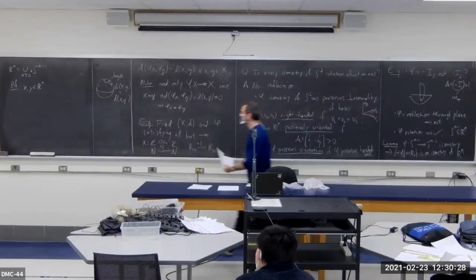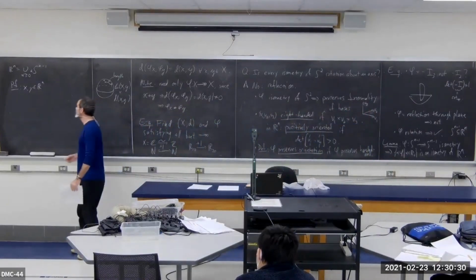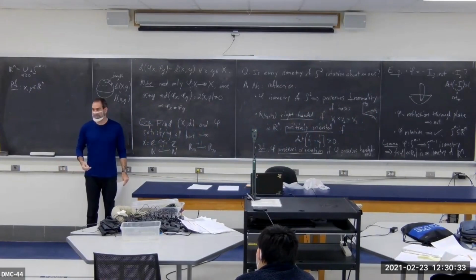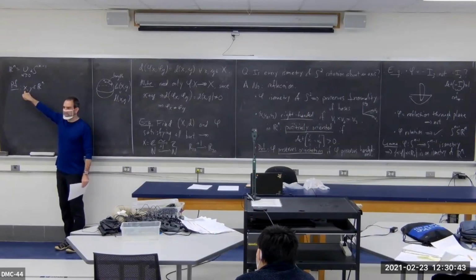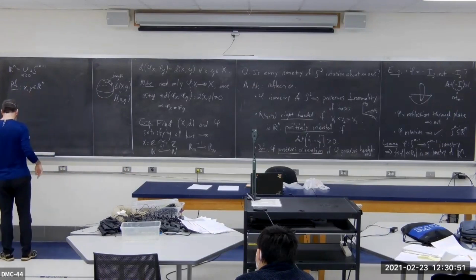So if I have two vectors x, y in Rn, they needn't be of the same length, so they don't have to lie on the same scalar multiple of the sphere. But nonetheless, x has length alpha, so I apply alpha times phi to this one, and y has length beta, so I apply beta times phi to this one. And then I get two points.